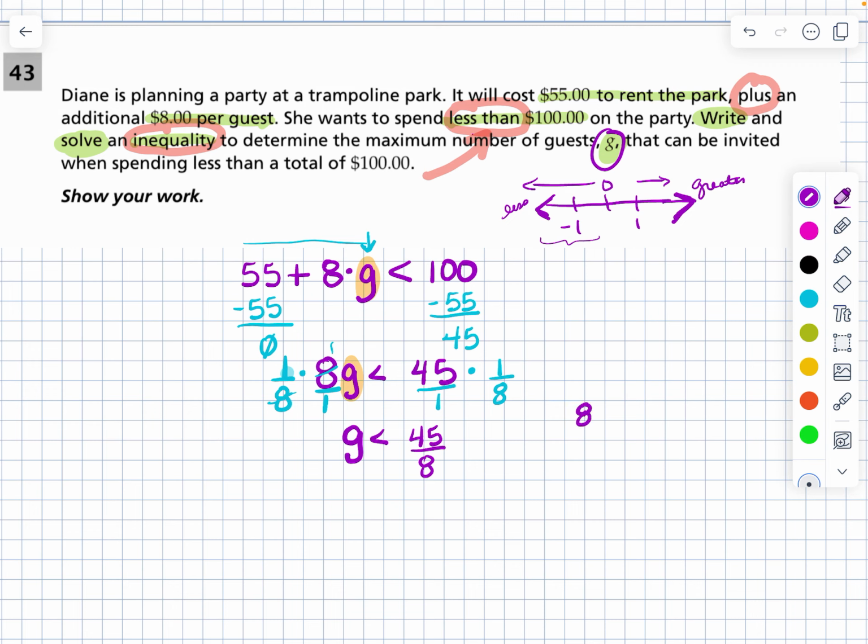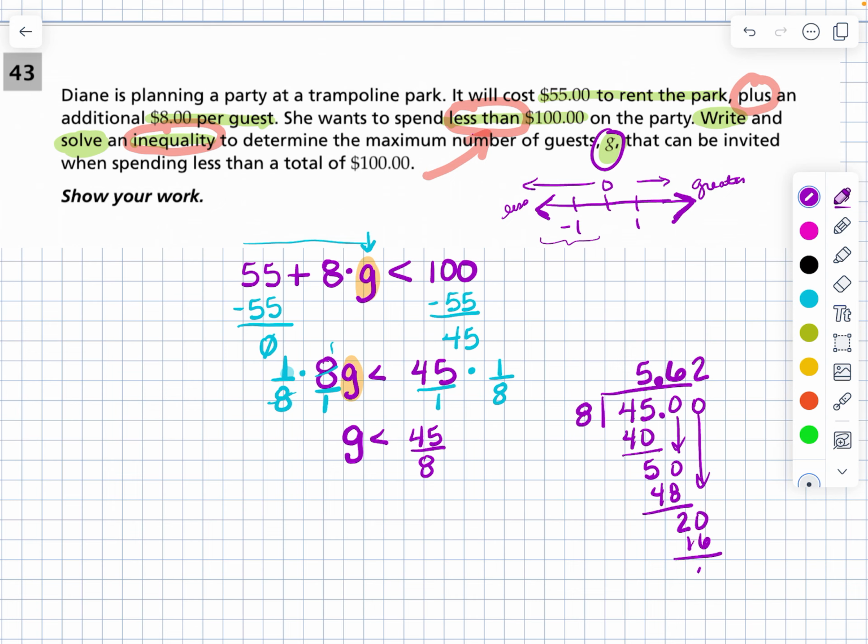So we're going to do 8 into 45. All right, 8 goes into 45. Let's see, 5 times 8 is 40. We got 5 left over. We'll add a 0. 8 goes into 50, 6 times 8, I need a decimal there. 6 times 8 is 48, and we're left with 2. And do another 0. 2 times 8 is 16.